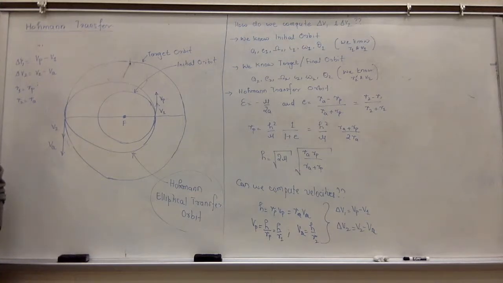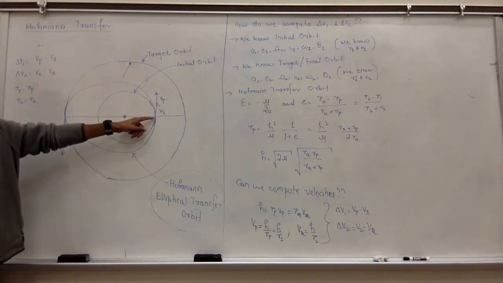Think about it. My question is, at this point, will the h of the initial circular orbit and the elliptical transfer orbit be the same?